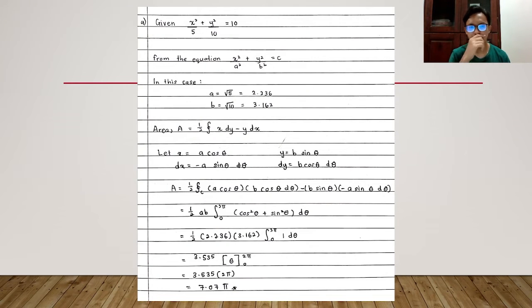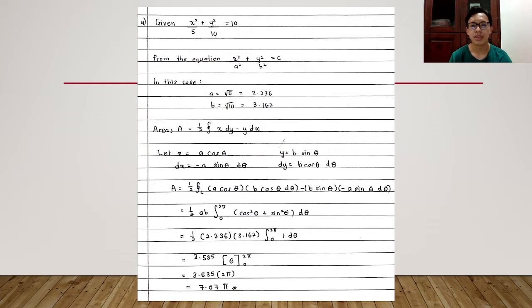For the first question, A, given x squared over 5 plus y squared over 10 equals 10. From the equation x squared over a squared plus y squared over b squared equals c, we know that the value of a is 5 and the value of b is 10.